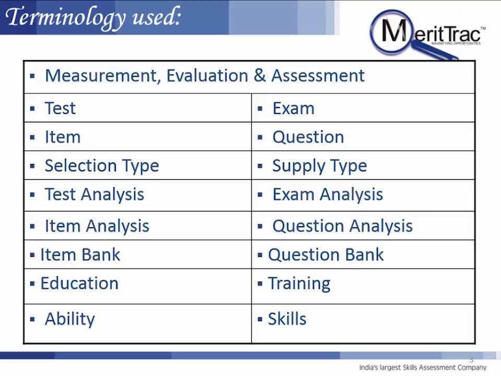That is, somebody's knowledge level is 50%, understanding level maybe 40%, application level maybe 30%, or something like that.